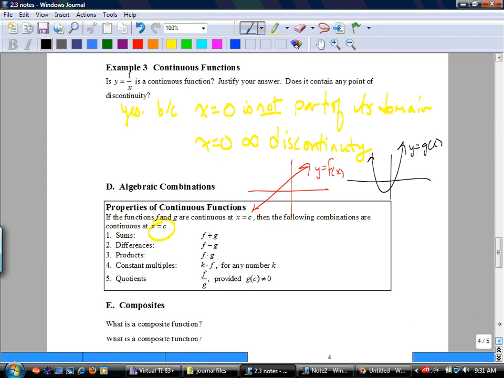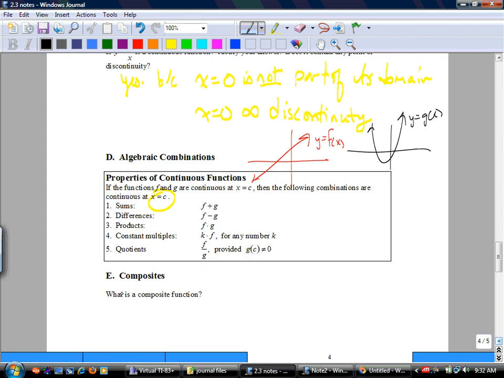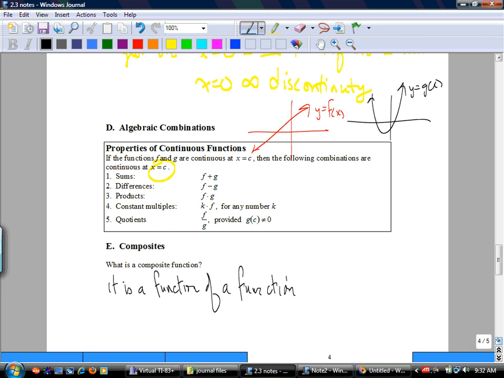So, what is a composite function? It is a function of a function, or a function within a function. So an example of that is g of x equals, I'm going to use colors here.